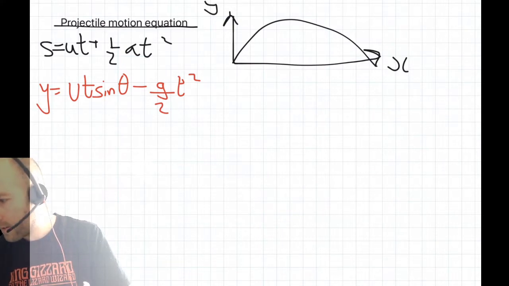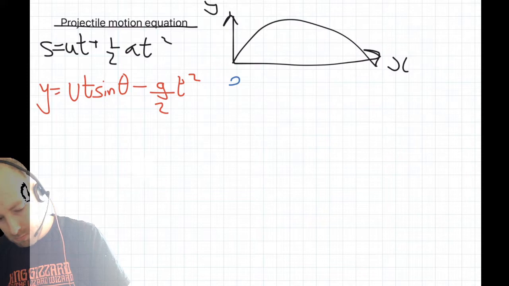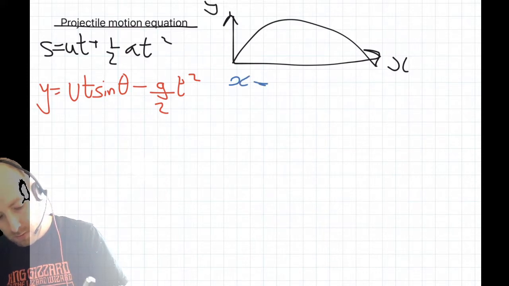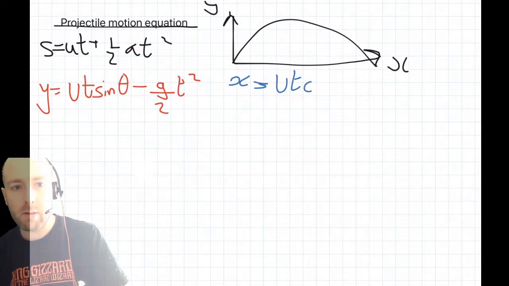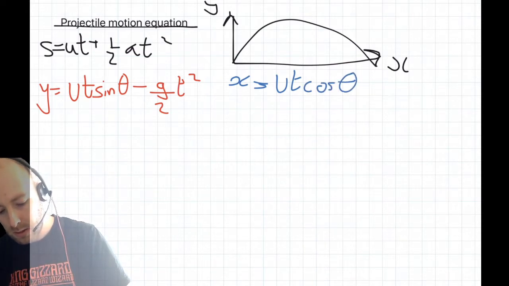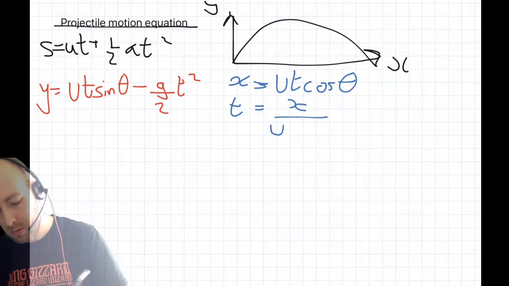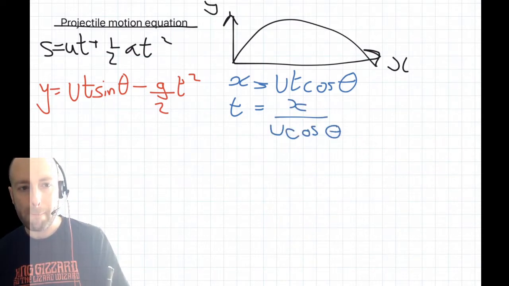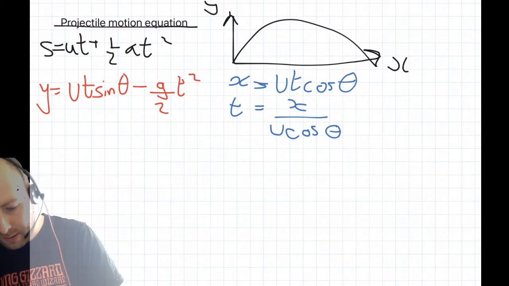And for x, I know that x equals ut cos theta. And I can rearrange this to get t equals x over u cos theta. So we need to solve these two things simultaneously.